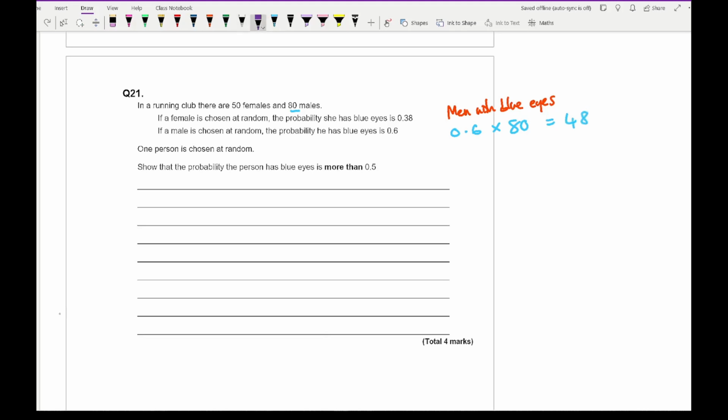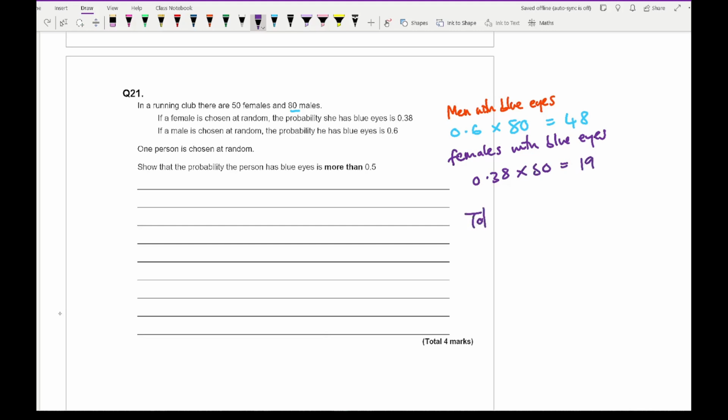Then females with blue eyes is going to be 0.38 times 50, which is 19.